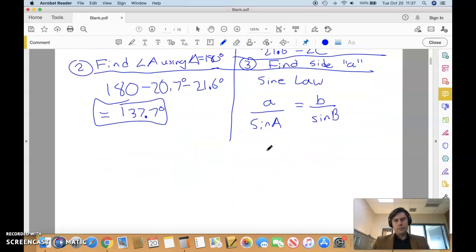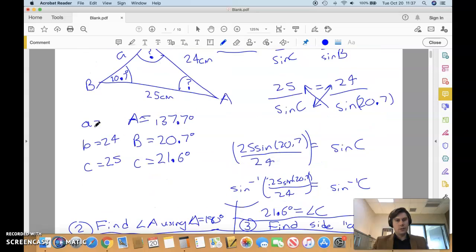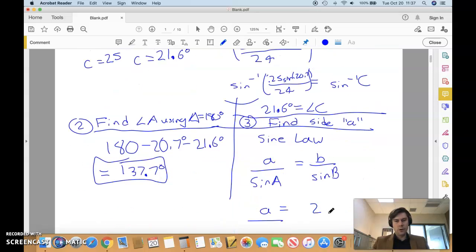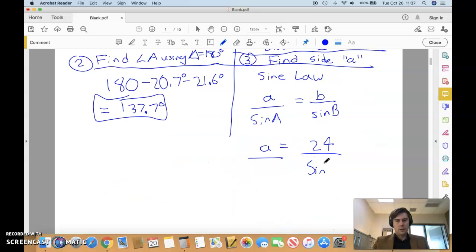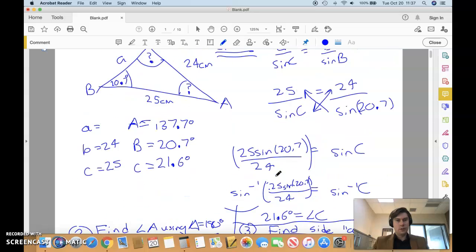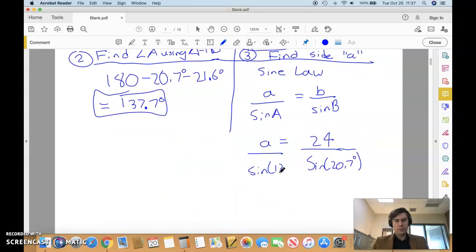Okay, so A equals, and I'm just going to check these values. B is 24 over sine 20.7. And we know our angle A now is 137.7.